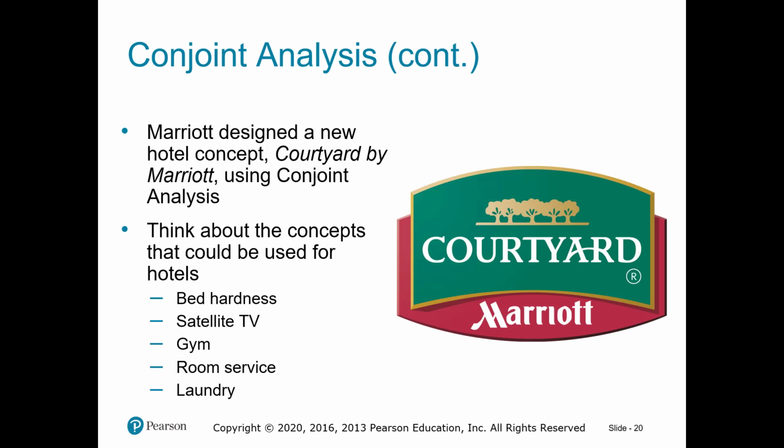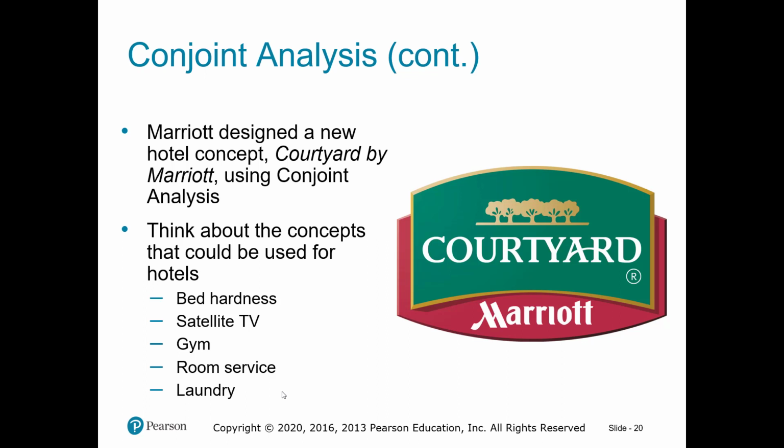And here's a little example of conjoint analysis. This is going back a long time ago, but this was one of the first commercial uses of conjoint analysis. And this was Courtyard by Marriott. And conjoint analysis was used to help design the concept for the hotel chain, in that there were lots of those big consumer surveys, and they could survey consumers on things like bed hardness, TV, gym, room service, laundry, layout of the hotel rooms.